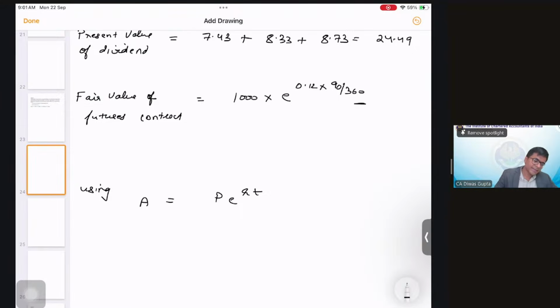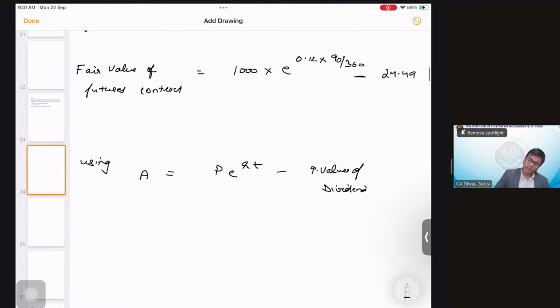Minus 24.49 put together. So minus present value of dividend, correct? Sir, we studied that the present value minus the present value of dividend plus cost. But here it's the other way around, sir.